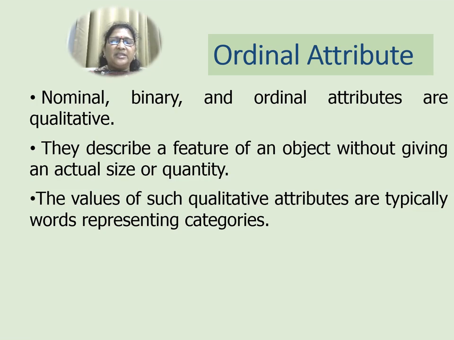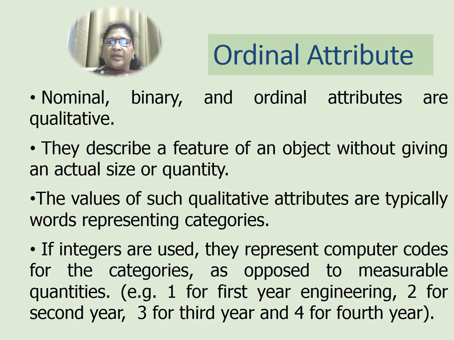But when we measure something, say the weight or height of a person, we are assigning a quantity to it. Those are quantitative measures. In ordinal and nominal, we do not assign a quantity, we give a name to it. The values of qualitative attributes are typically words representing categories. Integers can be used to represent them with numbers.